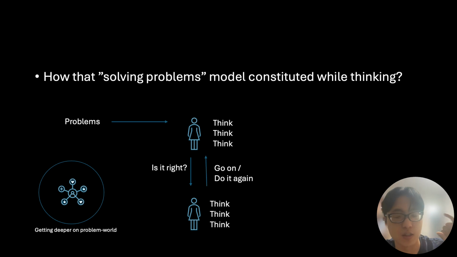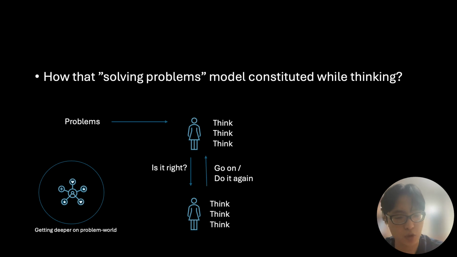I think there are two people inside their mind: the first one makes ideas about that, and the other is a detector. The detector also thinks and thinks, and encourages the problem solver to think again, or rejects their ideas.